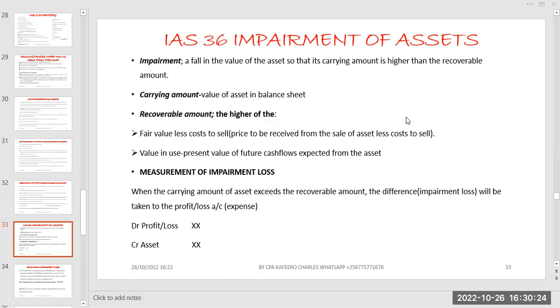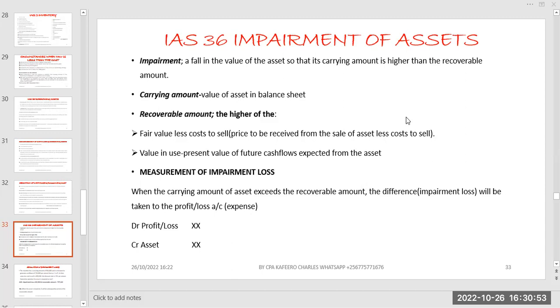Then the other one we spoke about, the recoverable amount. Recoverable amount is the fair value you can get from the market less the cost to sell. Basically this standard gives it in two ways.